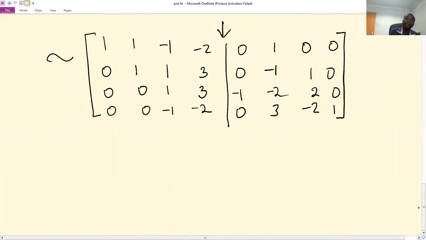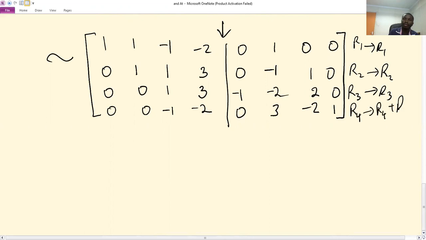Now, we say row 1 stays row 1, row 2 stays row 2, row 3 stays row 3, and row 4 becomes row 4 plus row 3, so that now we get 0 here.